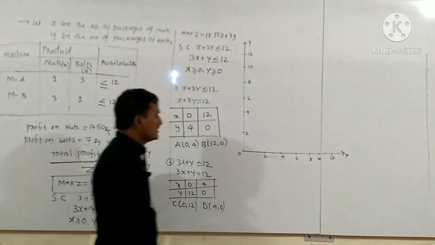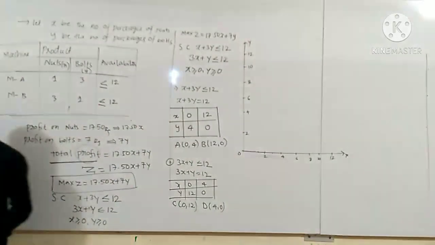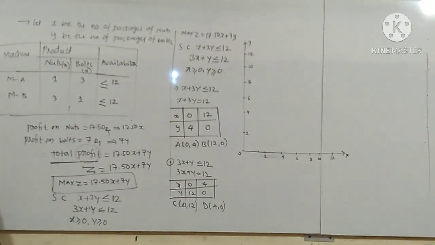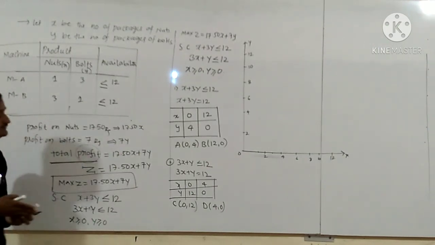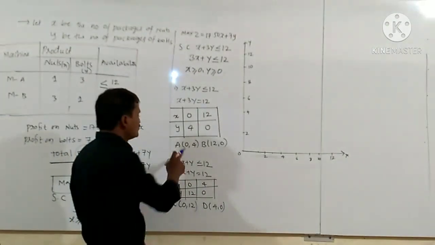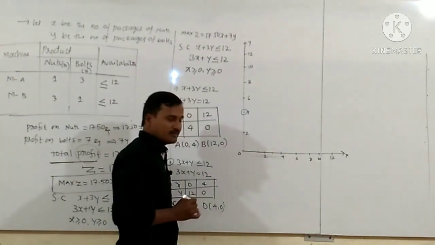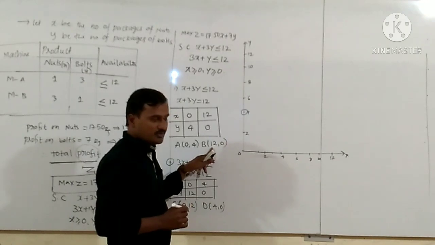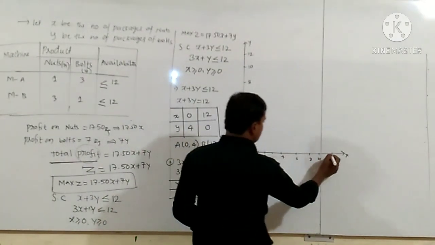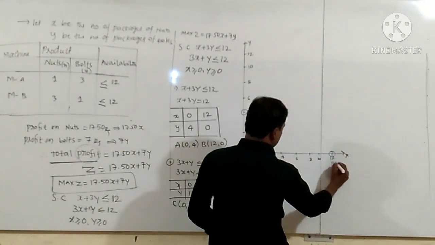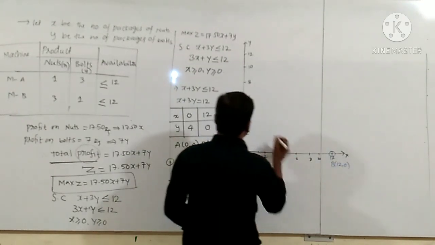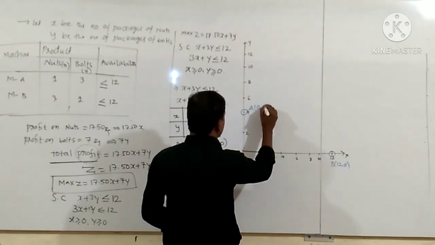What is the first point? We will represent the first point on the graph. The first point is A, 0 comma 4. What about B? That is 12 comma 0. So here it is the point B, 12 comma 0, and here it is the point A, 0 comma 4.